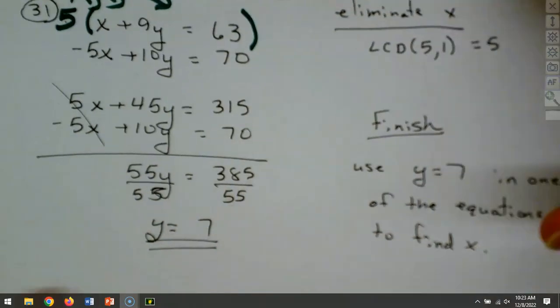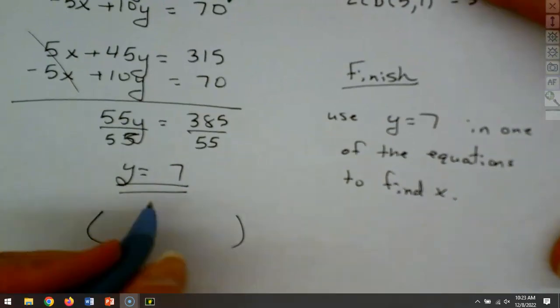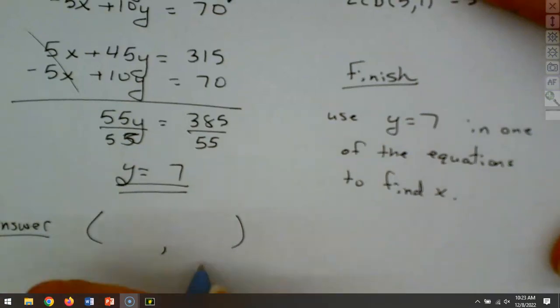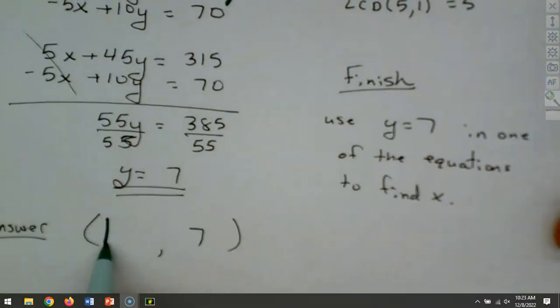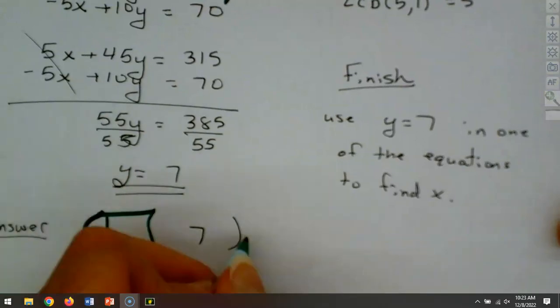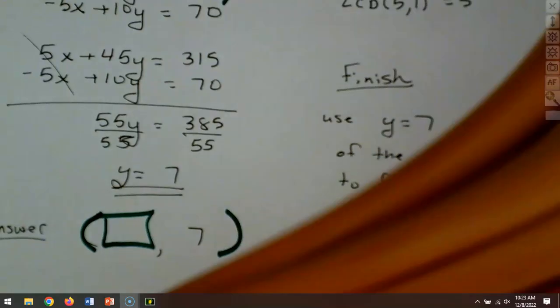And what is your answer going to look like? As an ordered pair? Well, the answer is going to look similar to this. Blank, comma, 7. So whatever you find for the x, it goes in that blank. We write it as an ordered pair. You don't just leave the numbers there, write it as an ordered pair.